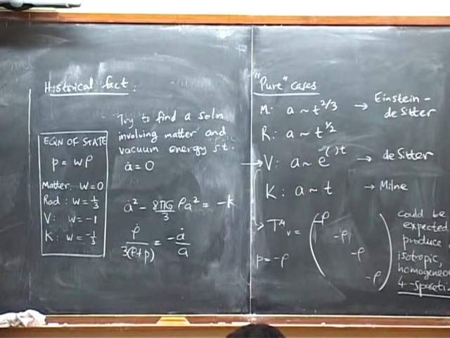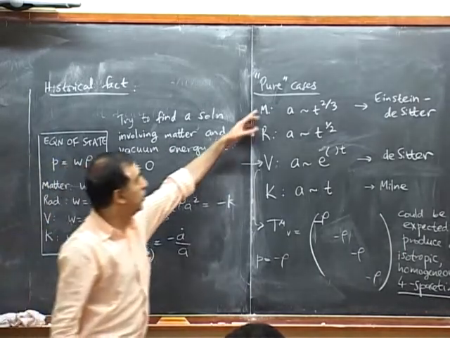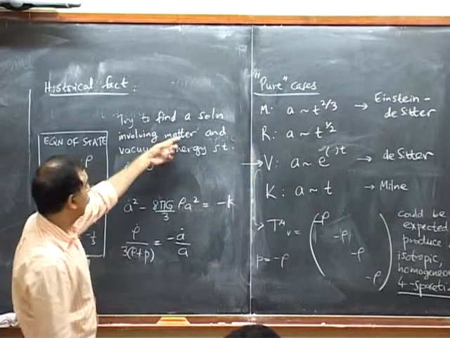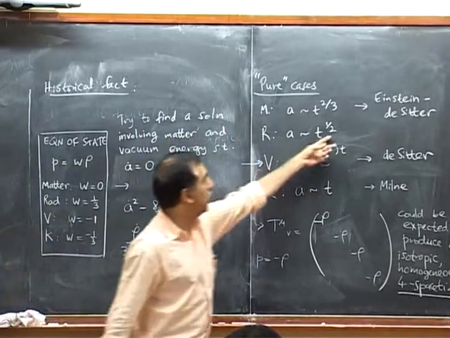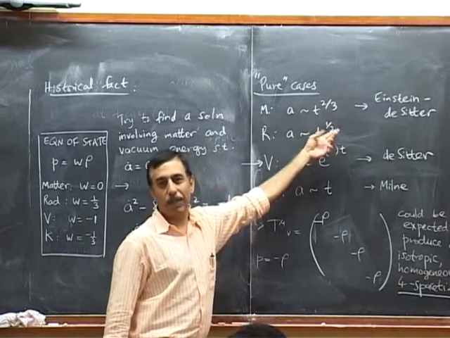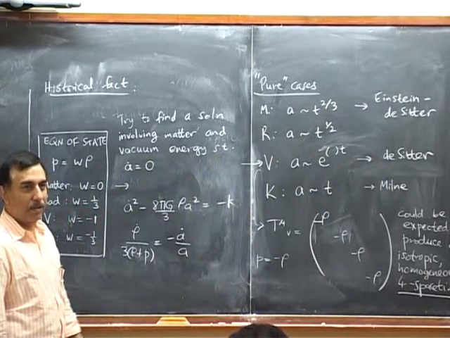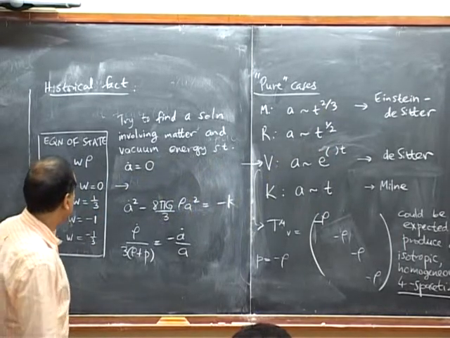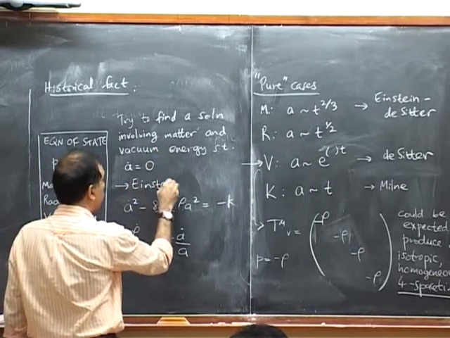And the result has a name. If you take the minimal possibility, which is only matter and vacuum energy, you could also otherwise throw in radiation. I don't think radiation will change things much. These powers are experimentally important, the difference, but conceptually both are expanding at some power of T between 0 and 1. It's not such a big change. Anyway, this combination is called the Einstein static universe.